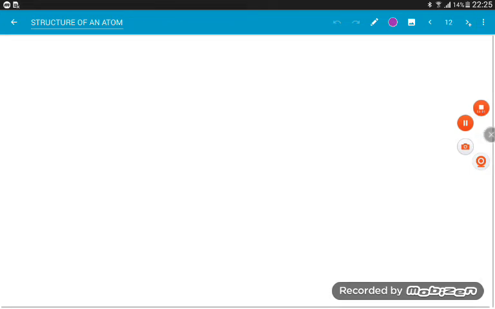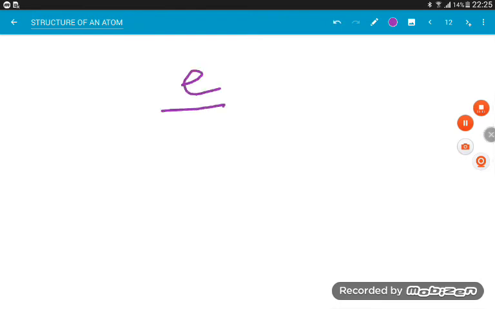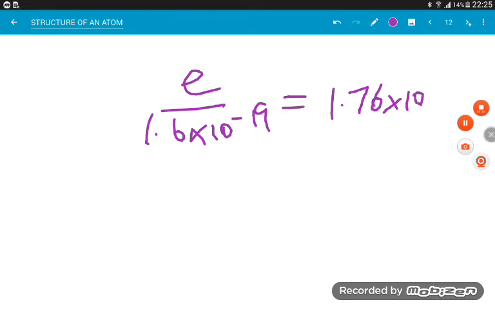So we get 1.6 into 10 power minus 19 divided by m equal to 1.76 into 10 power 11 coulombs per kg.